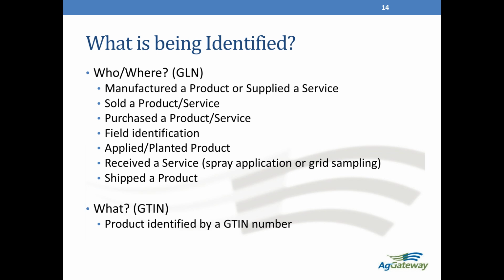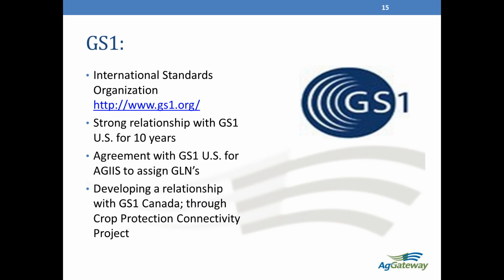They are assigned by the product owner, and they're displayed in AGIIS. A GLN is used to identify entities, which, as you've seen, are the businesses, consumers, and locations. And all active entity records in AGIIS have a GLN identifier. We have a slide coming up later, but for both of these identifiers we work with GS1 US and GS1 Canada to get this information.